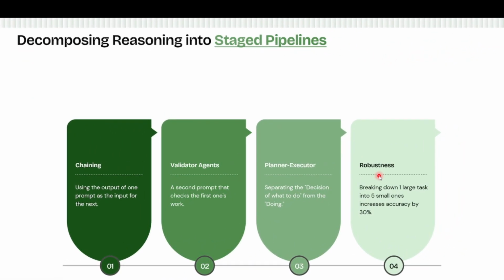Then we have decomposing reasoning into a stage pipeline. How can you design for this? How can you design an agent to decompose reasoning into a stage pipeline? Remember, you are designing for a business domain, and every business domain has its process. There's what we call process mining and process intelligence.